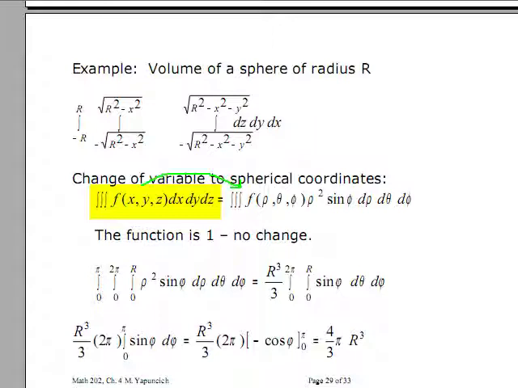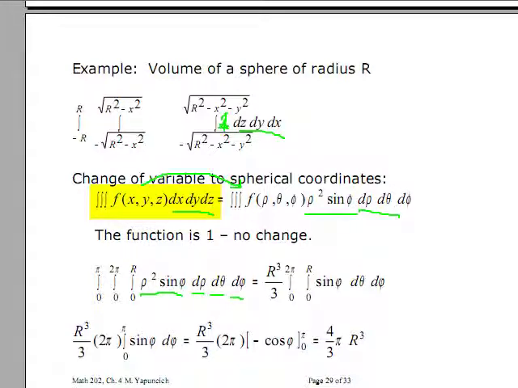Then the dx, dy, dz get replaced by the Jacobian, rho squared sine phi times d rho d theta d phi. In this case, the function is just 1. There's no function here. Well, you could put an invisible function 1. There's no change with the change of variables, so that's the same. So I take the dx, dy, dz and write it as rho squared sine phi, which is the Jacobian, d rho d theta d phi.